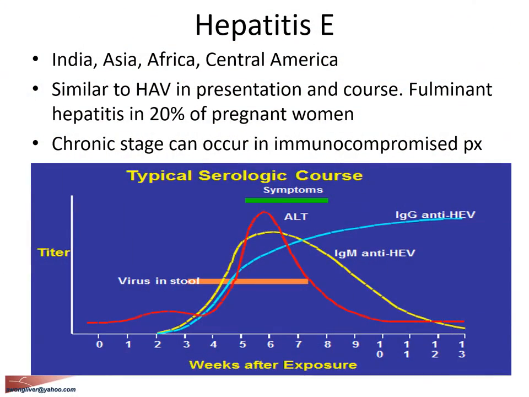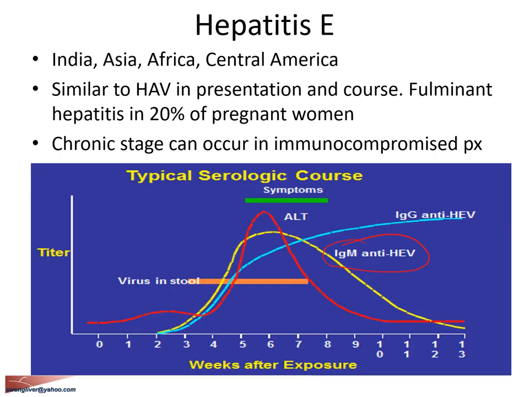Okay. We're now down to the last virus, and that is hepatitis E. Now, if you look at the serology for hepatitis E, this is very similar to hepatitis A, where the initial antibody that you see is your IgM, and then once you resolve your hepatitis E virus, your IgG anti-HEV will now be positive.